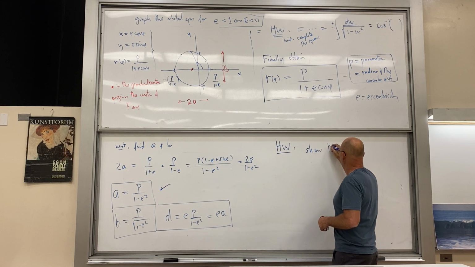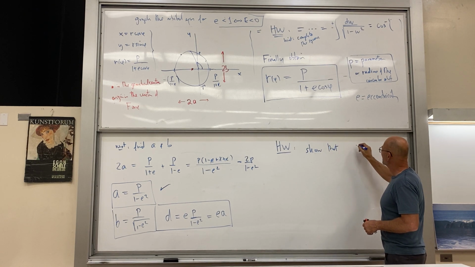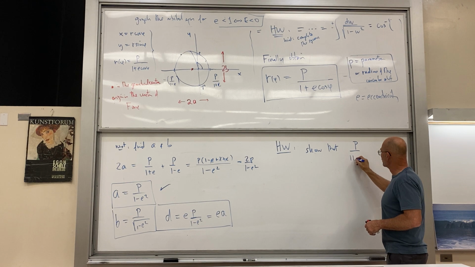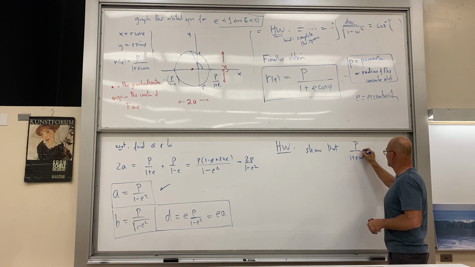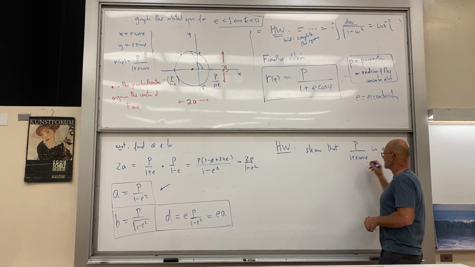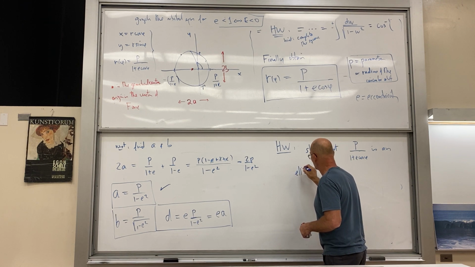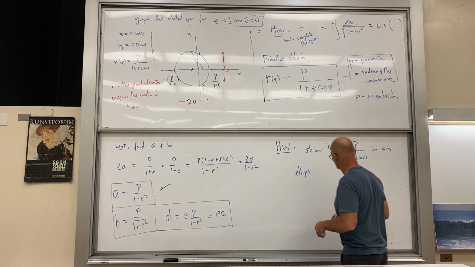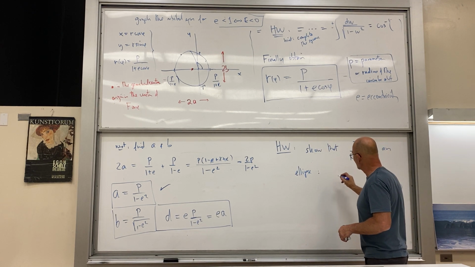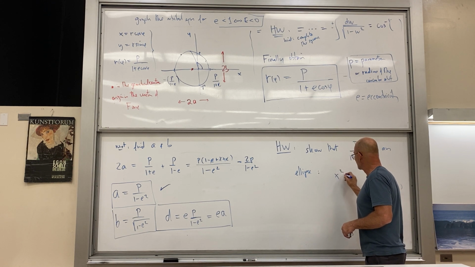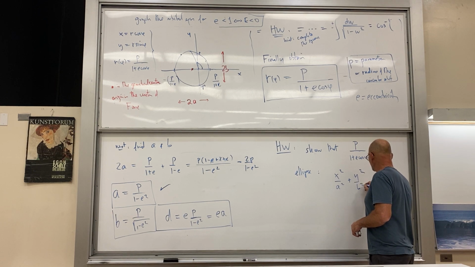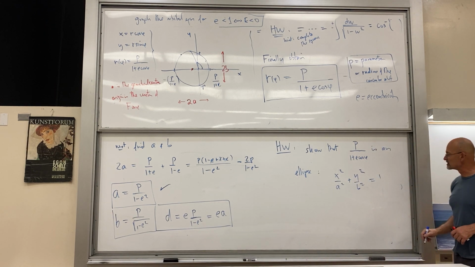Show that r equals P over 1 plus E cos phi is an ellipse. Now, when we think of an ellipse, we're thinking x squared over a squared plus y squared over b squared equals 1. Okay, the equation of the ellipse.